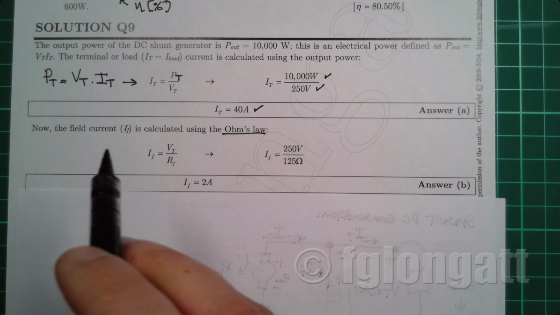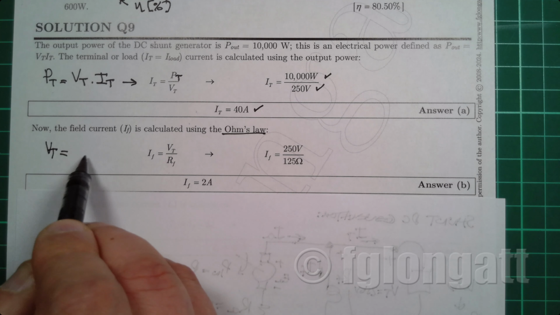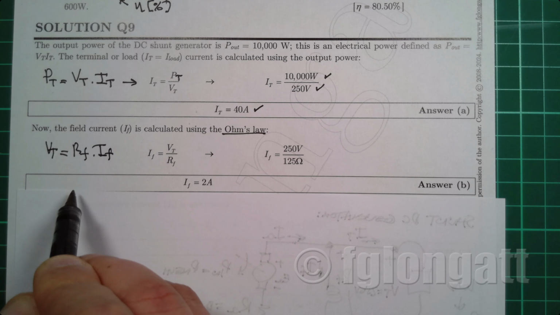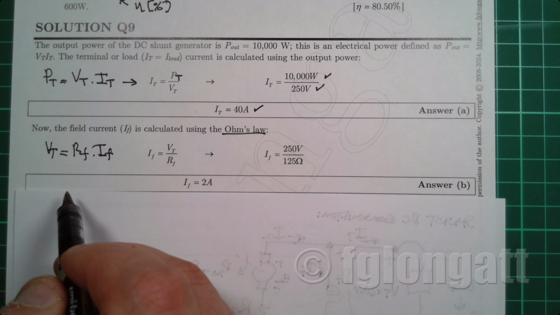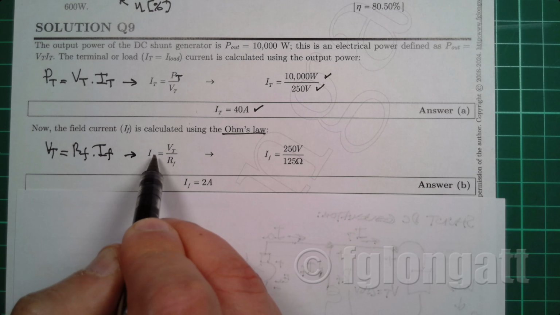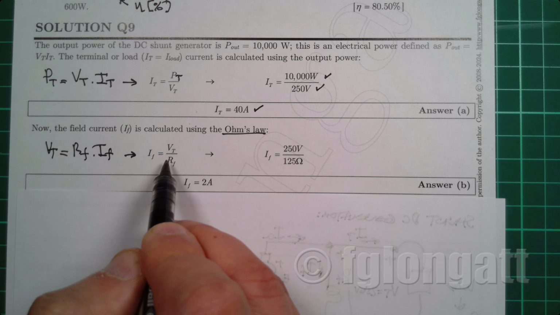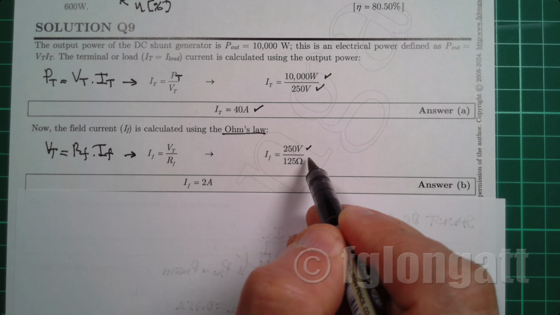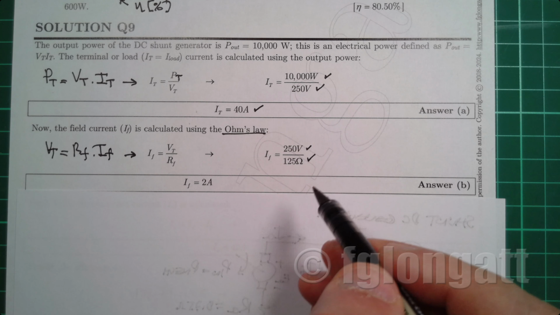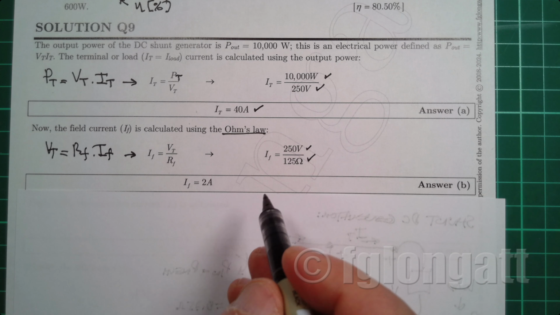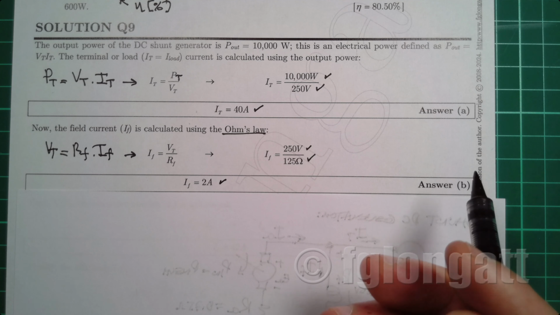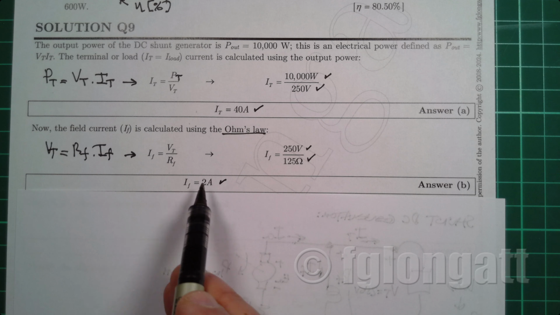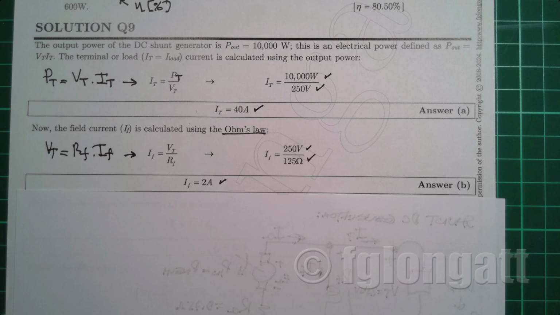Ohm's law says that the voltage across the terminals of the field winding is equal to the field winding current multiplied by the field winding resistance. So from there, we extract the field winding current: 250 volts coming from the terminals and the resistance of 125 coming from the resistor. So we obtain the field winding current, and as you can see over here, it is 2 amps.